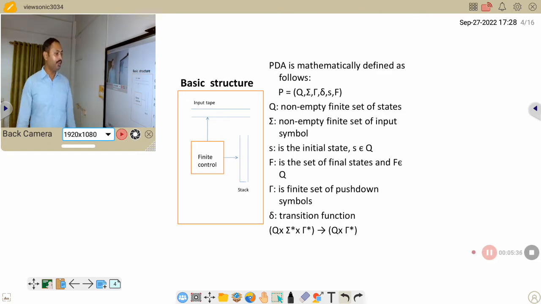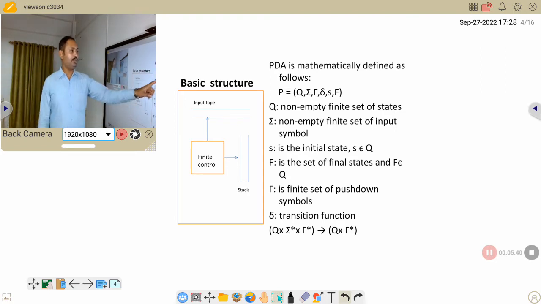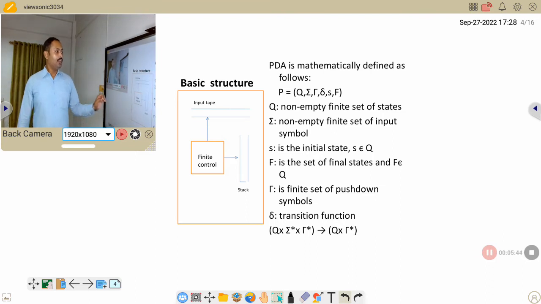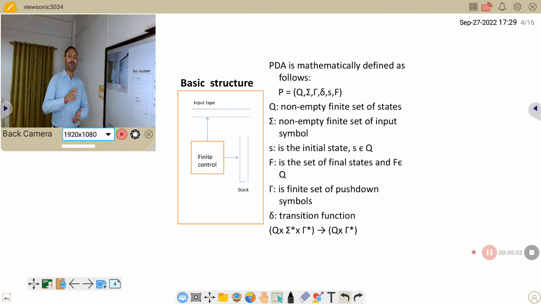Capital F is the set of final states. And there is a new term known as tau, which is the set of pushdown symbols. This means that after scanning a particular symbol, we have to store it into the stack. The symbols stored in the stack are denoted by this special notation, tau.